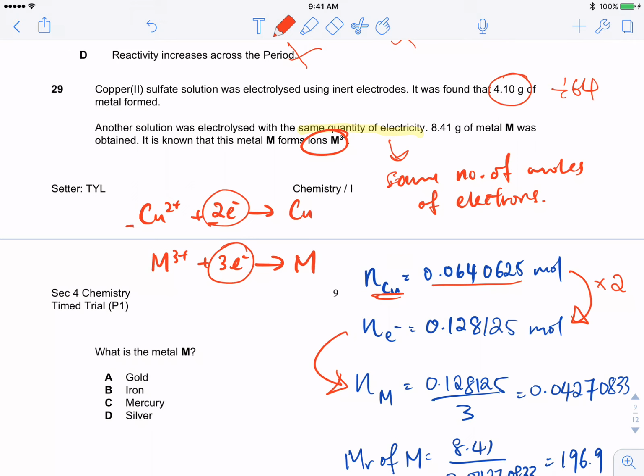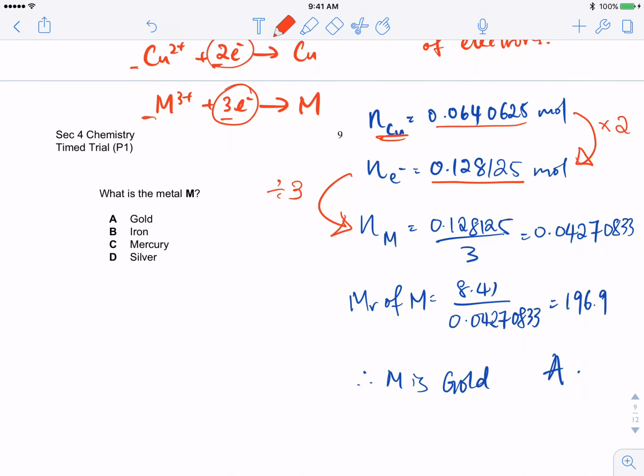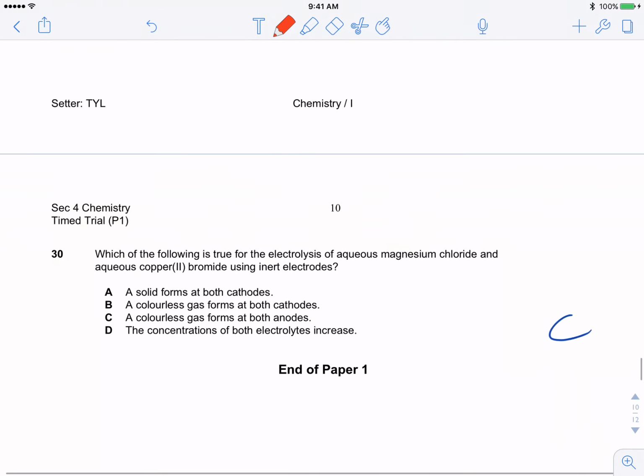Given that the number of electrons is this number, the ratio is 3:1, so I need to divide by 3 to get the number of moles of M. To find the MR, take the mass in grams divided by the number of moles. Looking at the periodic table, you will see that 197 is gold. Answer is A.